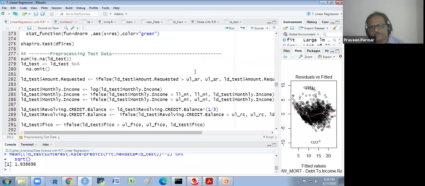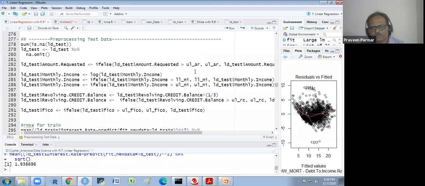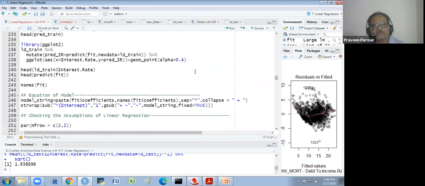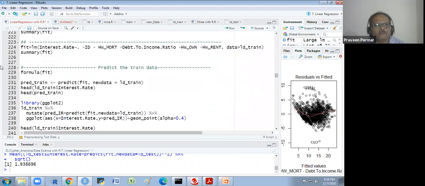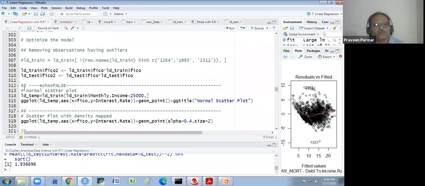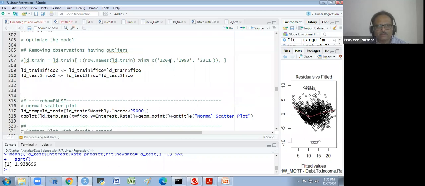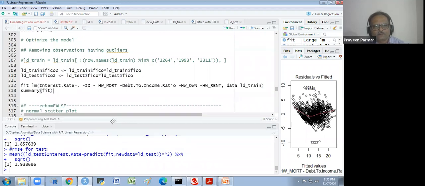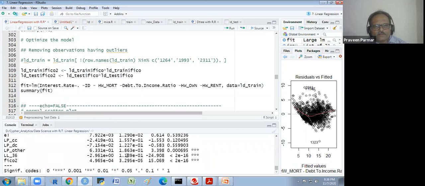Now we remove some more variables. I just want to show you this thing. And now what I do, I take this, where is that final? I copy this, Control C, and I take this here, optimize the model. And when we see the summary, it was 0.55 with LPDC.